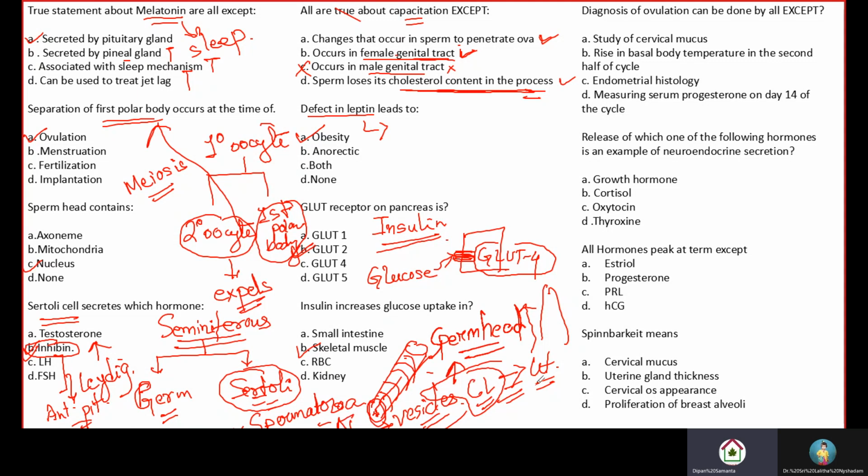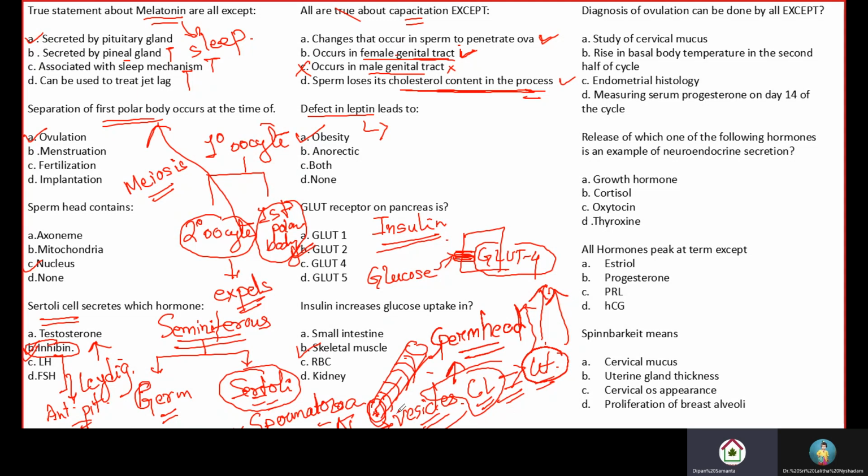When they reach the vagina, this vesicular cholesterol gets lost, and as the spermatozoa rise upward to the uterus, in the process they lose the vesicular cholesterol.